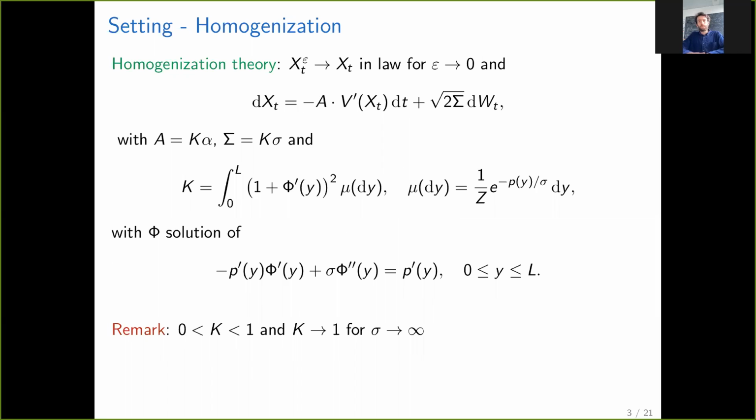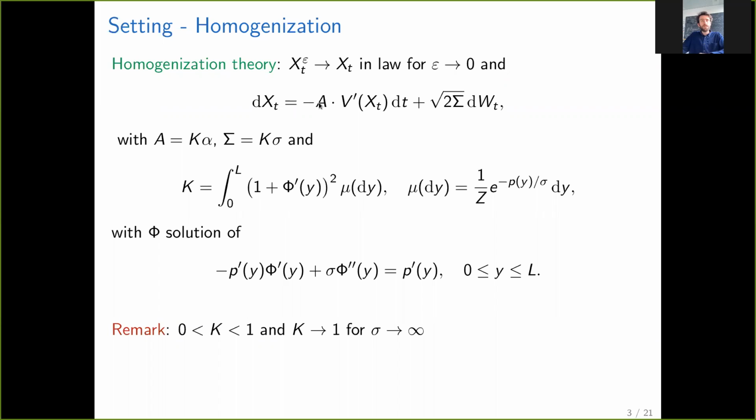So let's just quickly recall, for those of you who are not completely familiar with homogenization theory for this kind of problem, that there exists indeed a simpler model where we don't have the fast scale potential, so it's just a slow scale potential. And X_t epsilon, the solution we had before, converges to X_t in law when epsilon goes to 0.